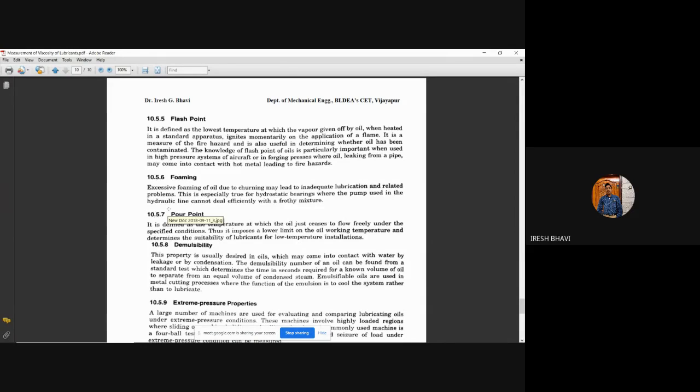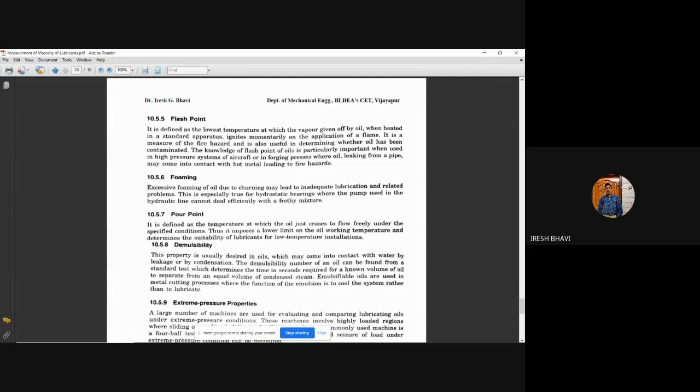Suppose at 0 degrees Celsius the lubricating oil becomes liquid, then its pour point is 0 degrees Celsius. So the pour point of the lubricating oil should be very, very low, meaning even at lower temperatures, the lubricating oil should be in liquid state. It should not solidify.